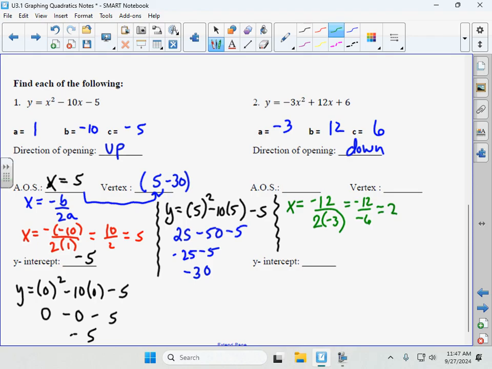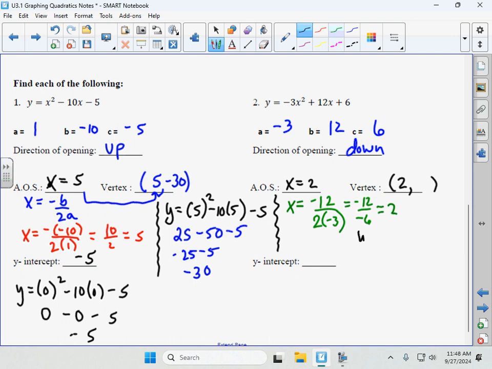So the axis of symmetry will be x equals positive 2. Right away you're going to put 2 in the x position of the vertex. Now you're going to substitute 2 in for all the x's in the original problem and solve for y to get the y coordinate.